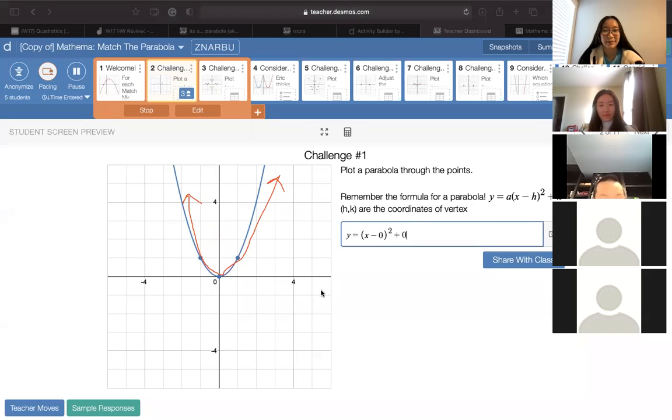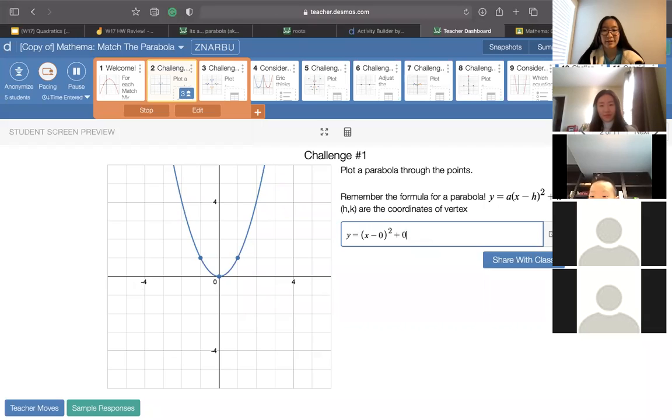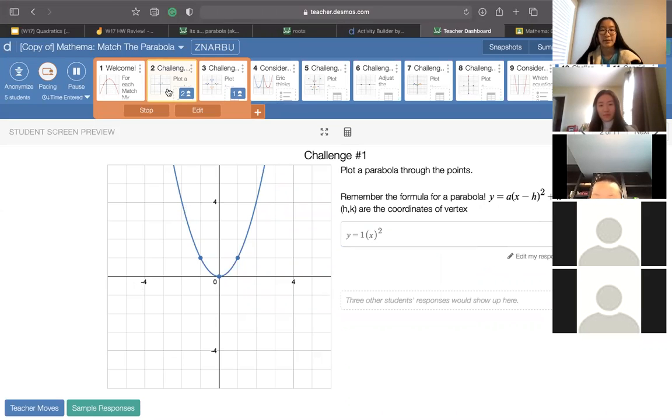Okay, let me erase my horrible drawing. And you can see that exactly fit all of the points. So technically, we don't have to write the zeros. It could just be simpler, like x squared. And then technically a is 1. So just remember that. And that is the correct answer for this one.